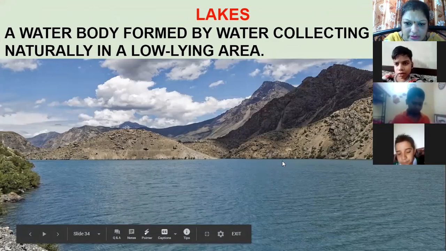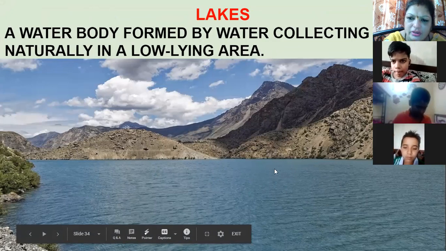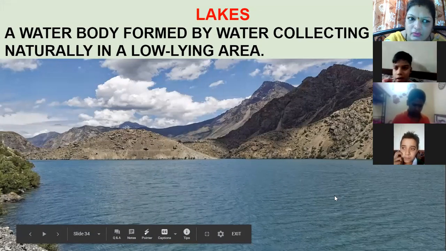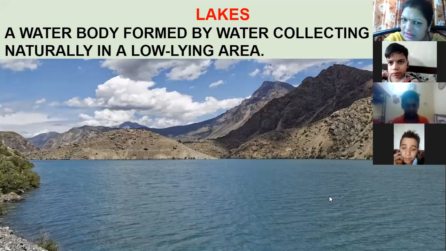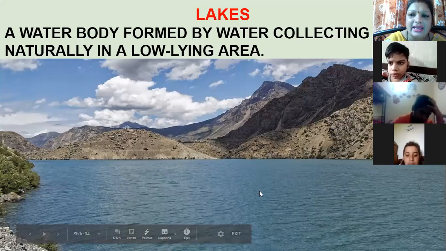At the foot of the mountains, this water body is there. So in a low-lying area, the water gets collected. When the water gets collected naturally, see, also, if it rains, then the water will get collected. So this collection of water in low-lying areas is known as lakes.